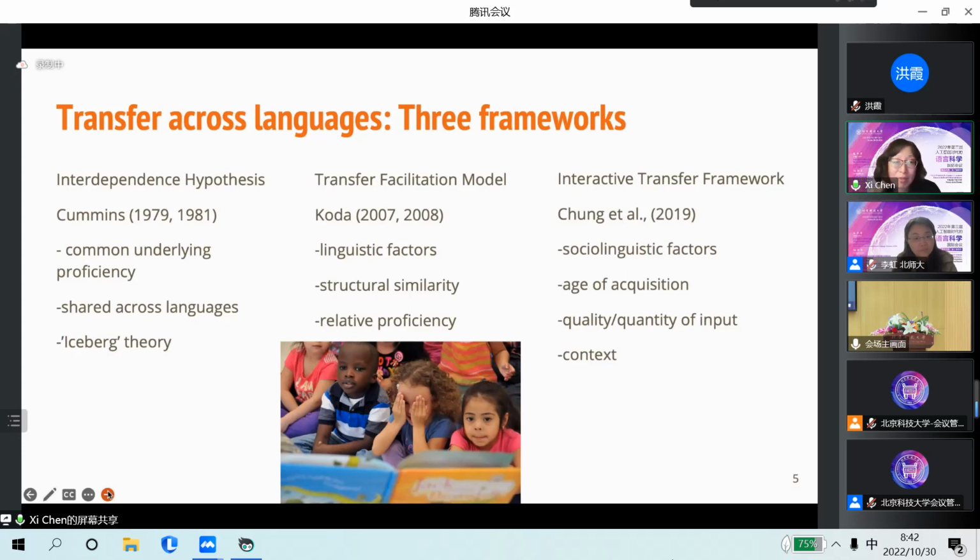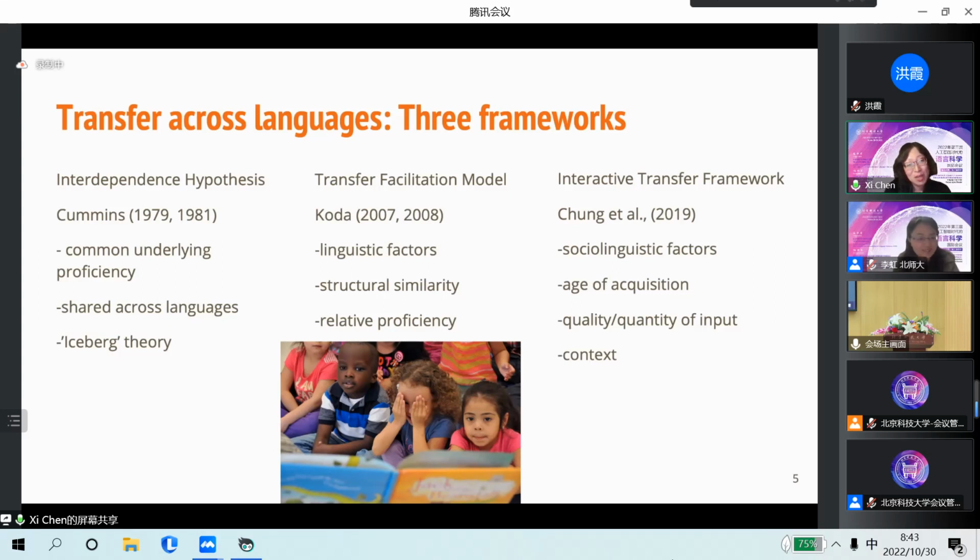There are different theoretical frameworks that explain the rationale of cross-language transfer. I'm presenting three frameworks here. One is called the interdependence hypothesis, and it was proposed by a professor at the University of Toronto, where I am, Jim Cummins.